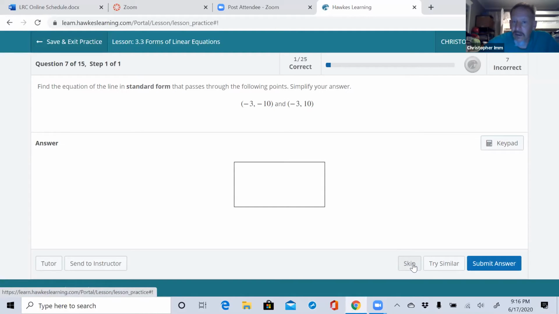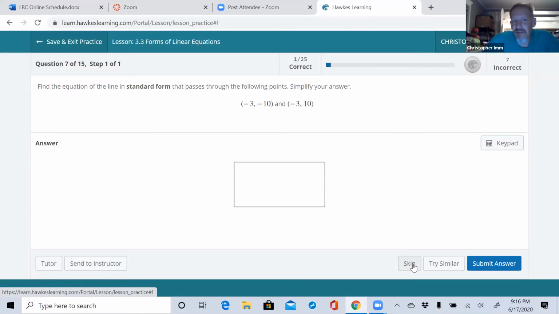Okay, so it was something like this, where we wanted to find the equation of the line in standard form that passes through 2 points. The one that I had pulled up isn't totally the same, but this one actually might be a good one to give a look at.